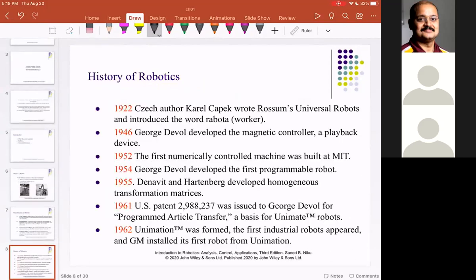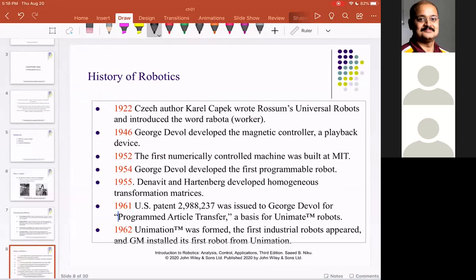So, history of robotics. Again, it started with Rossum in 1922, where he coined the word robota. 1946, George Devol, then 1952, all the way to 1961, 1962. So that is how the field of robotics evolved.